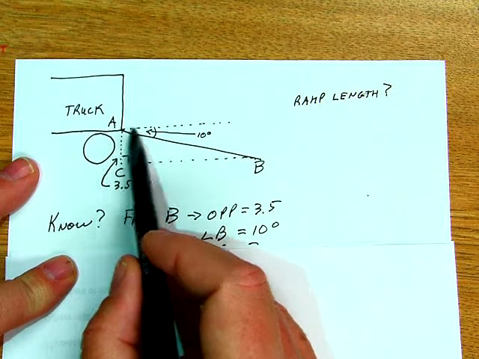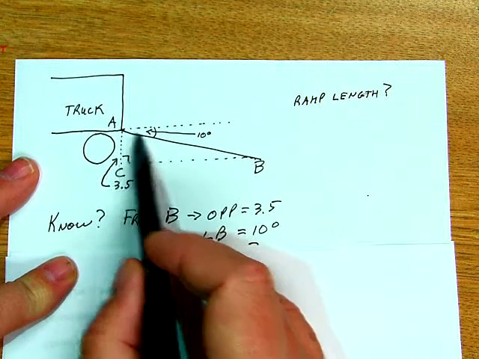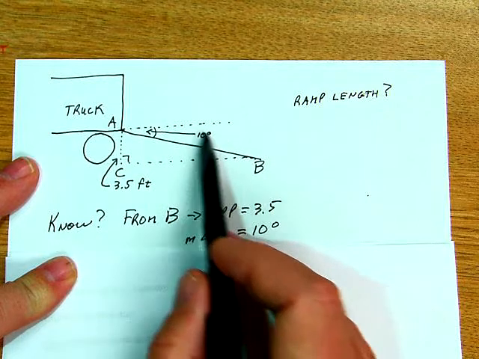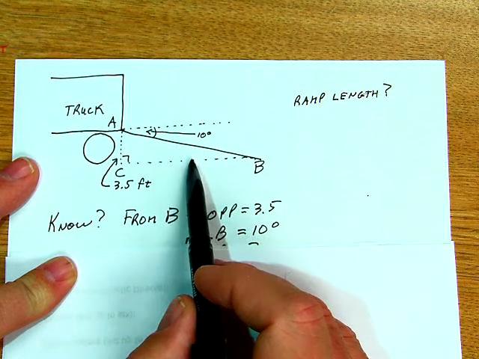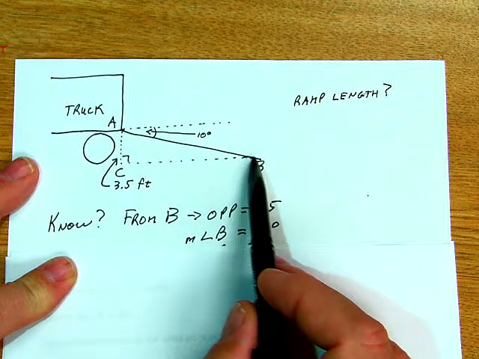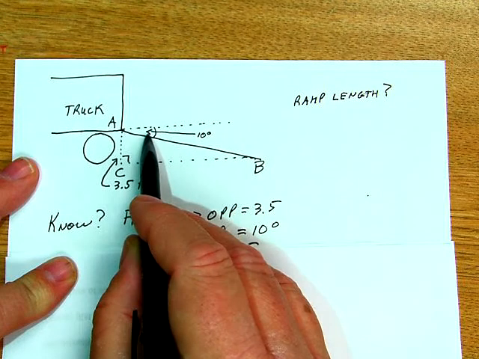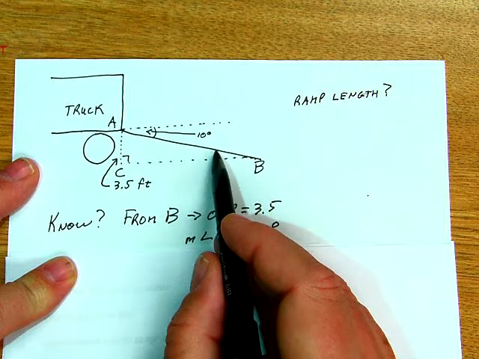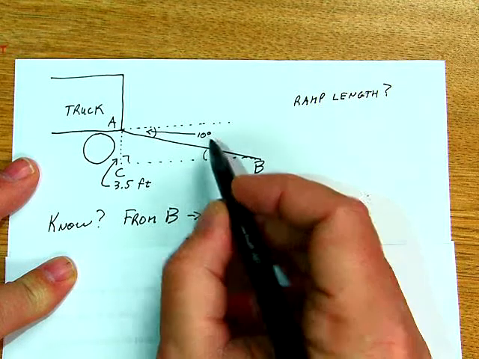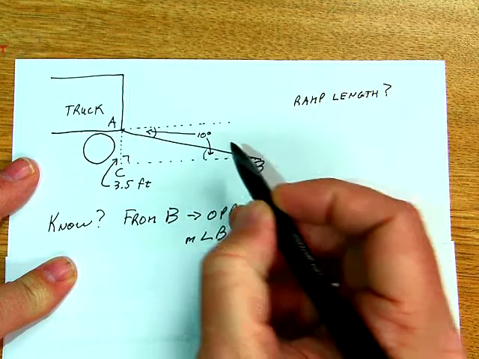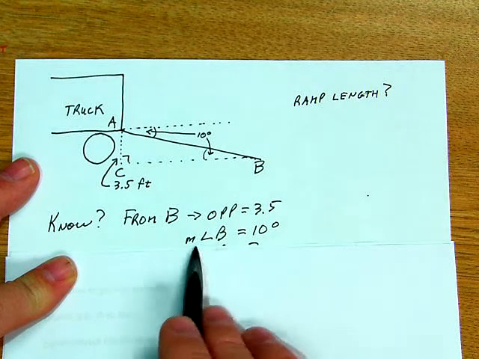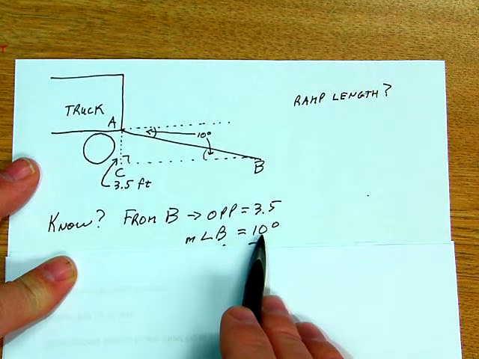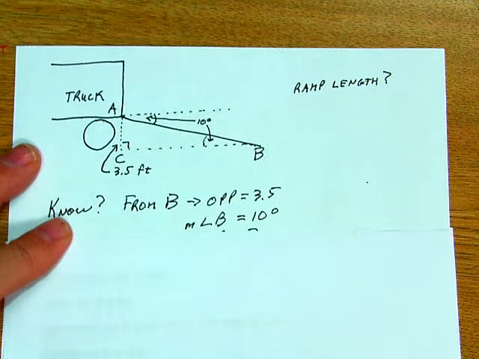Well, I've drawn imaginary parallel lines, two lines here up top and bottom, and since these are parallel, this becomes a transversal, and the angle of depression here is 10 degrees, so the angle here of angle B is also 10 degrees because they're alternate interior angles.